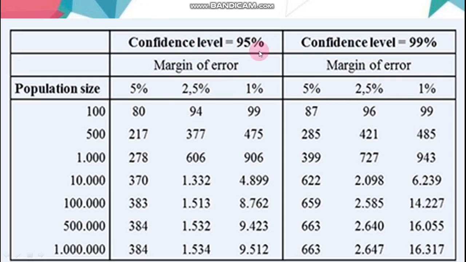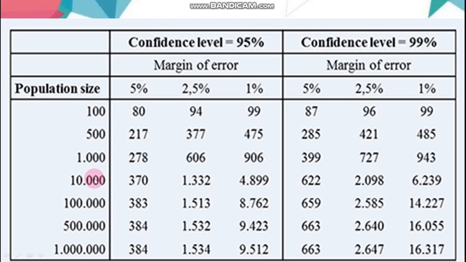By seeing this chart, we could easily understand how much sample should be selected for research work. If the population size is 100 at a 5% margin of error, we can adopt 80 samples. If the population size is 10,000, researcher can adopt 370 samples.